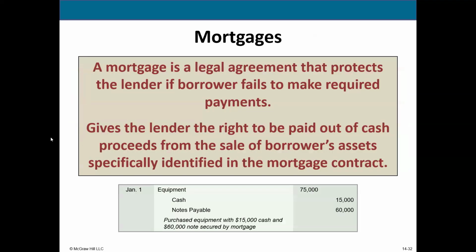Mortgages and car payments work the same way. So if you own your own vehicle or if you own a house, these types of payments work the same exact way. A mortgage is, of course, a legal contract between the mortgage holder, which is you if you own the house, and the bank.